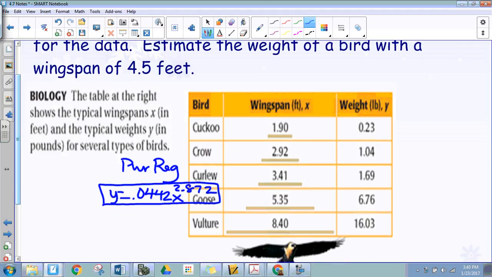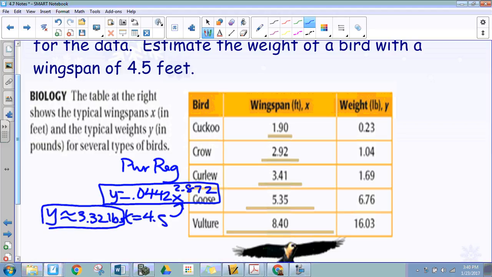X is the wingspan, so 4.5 is plugging in for x here. And so estimating the weight of the bird, we should get about 3.32 pounds, something close to that. So that's the weight of the bird. Okay, and that is all there is.